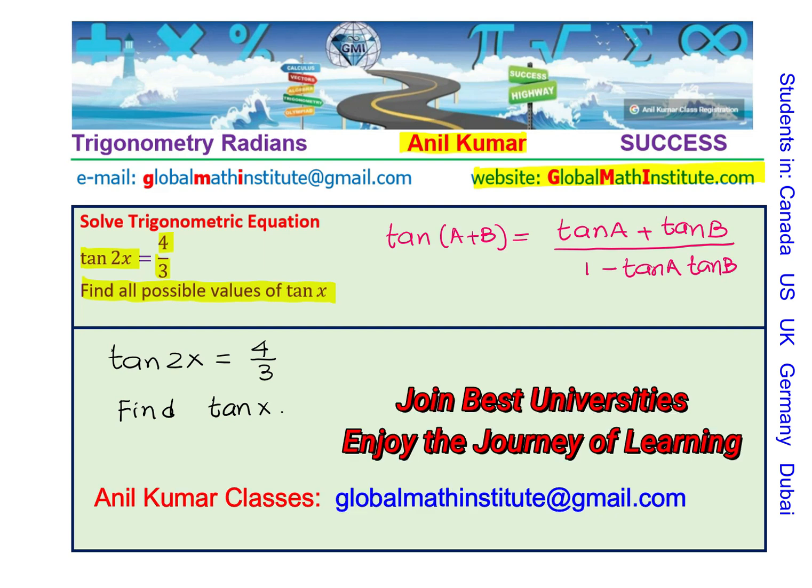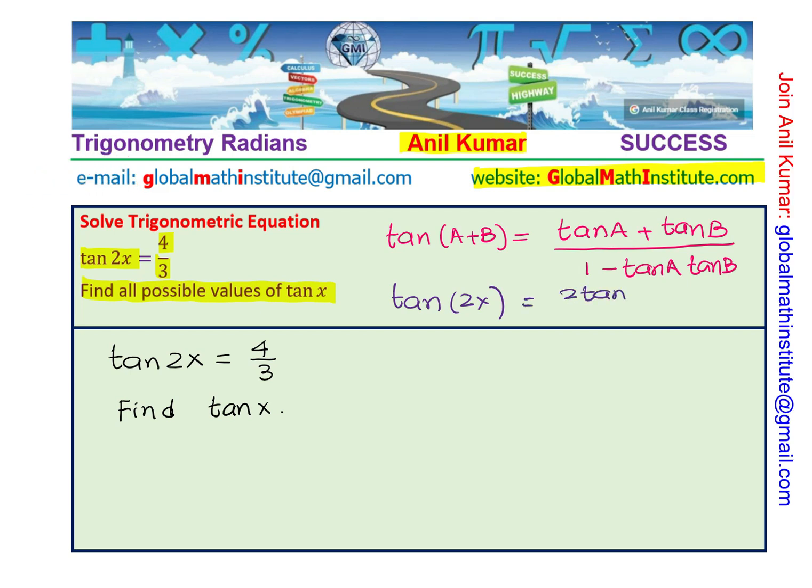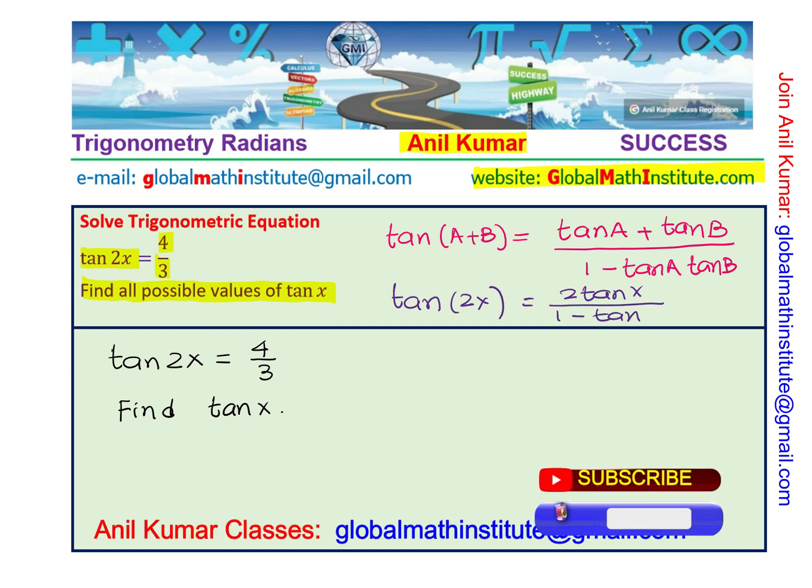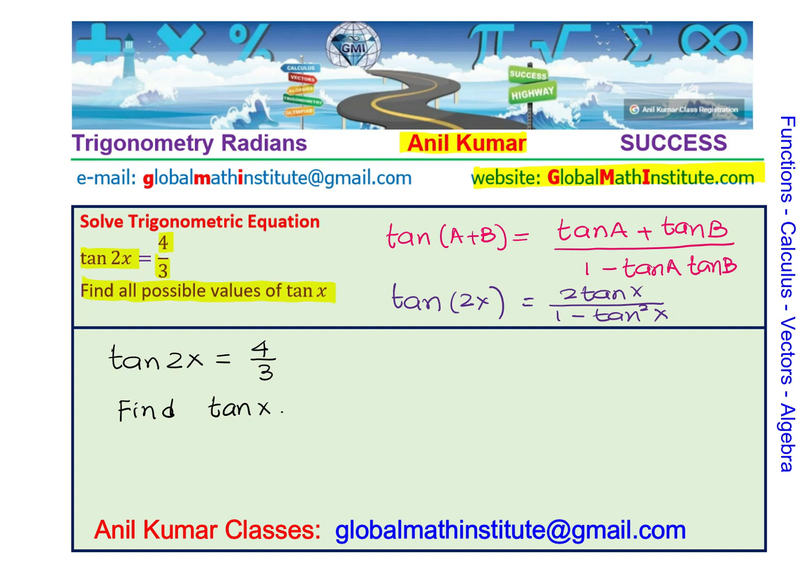So for tan 2x, if I write a and b both as x, x plus x is 2x, we get 2 tan x over 1 minus tan square x. So we have a direct formula here. We know what is tan 2x, which is 4 over 3, and we can actually solve the quadratic equation in tan x and find the values. So that could be one approach.